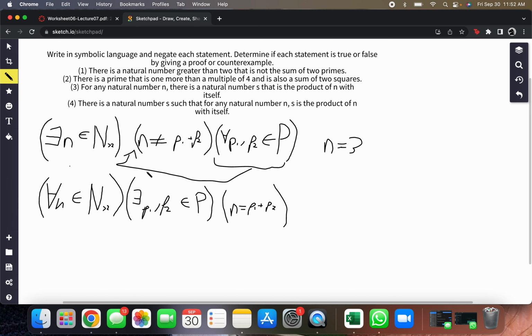So when we start a statement with there exists, and we're trying to show that there is some value such that a bunch of conditions hold, in this case we have this condition. If we want to show that there exists a number, all we have to do is prove it with an example. That's the easiest way to prove this. So here we just found an example, n equals 3, and that proves it. That's it.